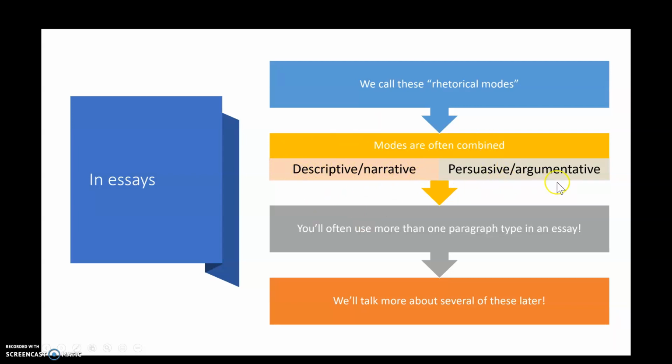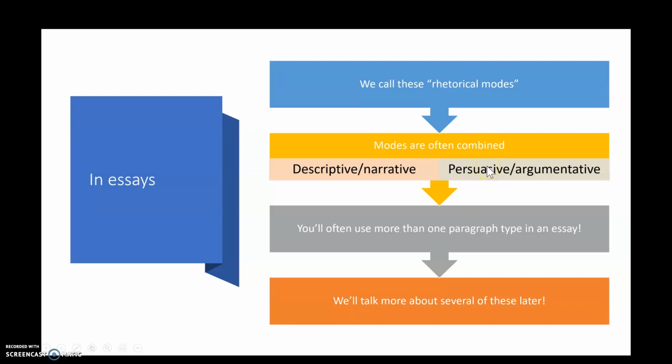Similarly with the persuasive argumentative, technically persuasive and argumentative are two different modes. Argumentative is very logically based, very scientifically based. Persuasive is emotionally based. But you'll use both of those types of techniques in a good essay, so we combine them. If we want to be really technical, compare and contrast is actually two different modes. Compare is one mode, contrast is another.